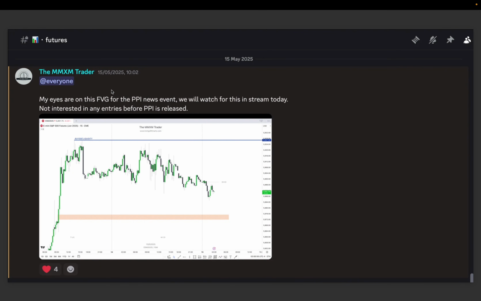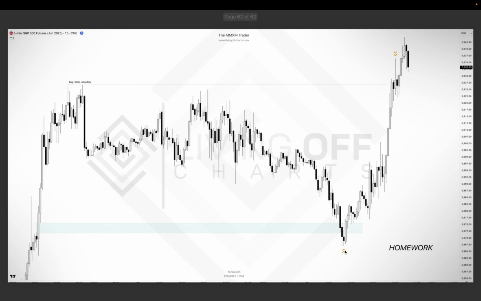Okay, here is a second piece of homework, which is going to be another call out I gave, this 15-minute fair value gap. I wanted to see the market trade down into there and then see a pump to the relative equal highs here on the buy side liquidity. That's this right here to this high. Same thing. You want to look at the NASDAQ, ES, YM.